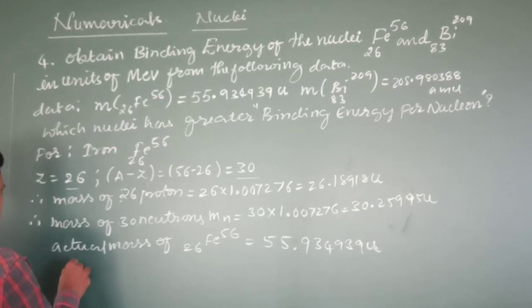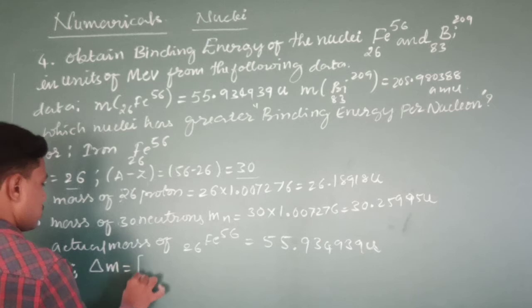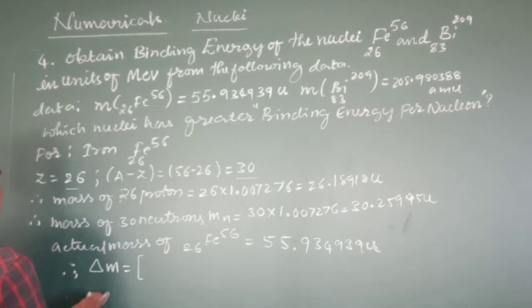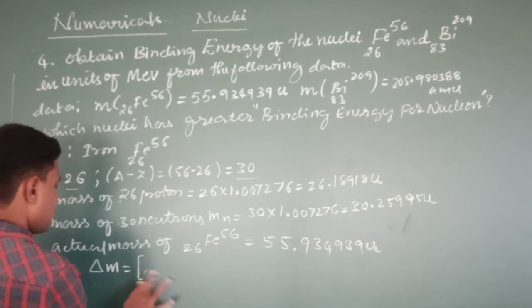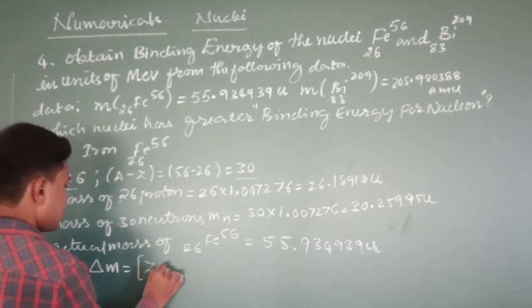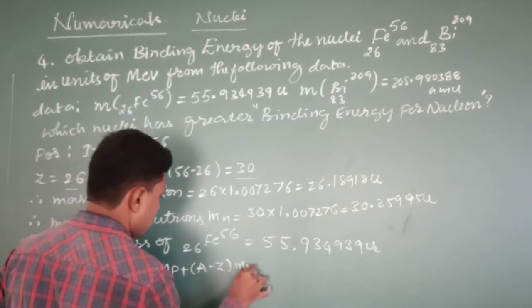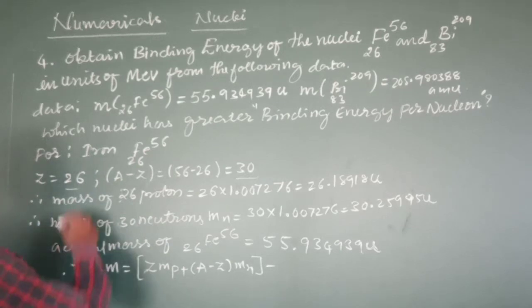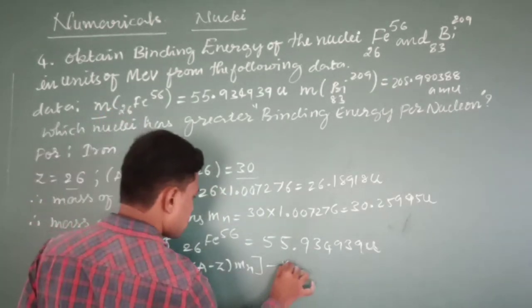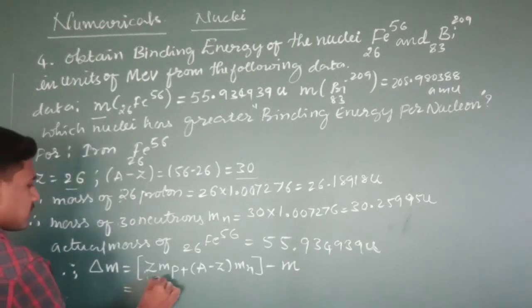Therefore, mass defect delta M equals, the formula is, Z into Mp plus A minus Z into Mn, minus the actual mass of the nucleus. The actual mass of the nucleus is written with small m, so I will write capital M here. What is Z Mp?